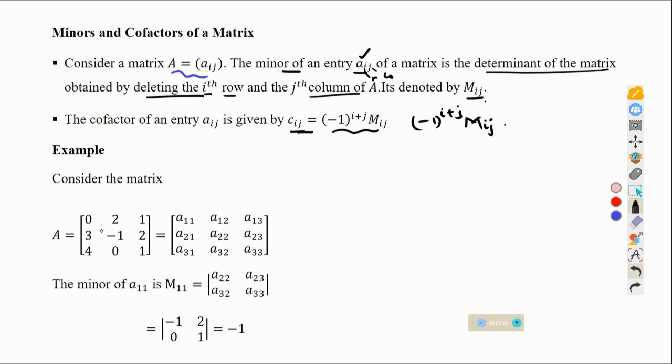So we shall consider the matrix A, which is given by this. We shall need to get the cofactors of each of these entries: 0, 2, 1, 3, -1, 2, 4, 0, and 1. But to get the cofactor, we shall first of all need to get what we call the minors. So let us look at how best we can get the minor.